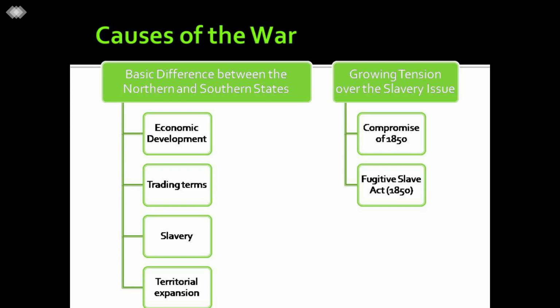Another one, growing tension over the slavery issue: Compromise of 1850 and Fugitive Slave Act 1850. Basically, the differences that divided the states of America were economic as well as ideological.